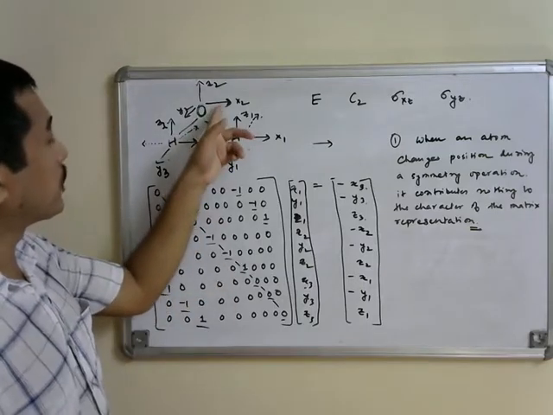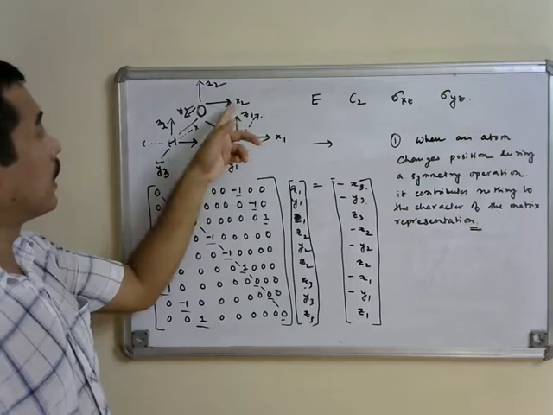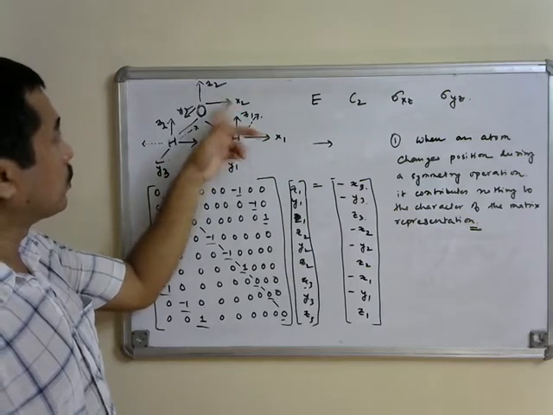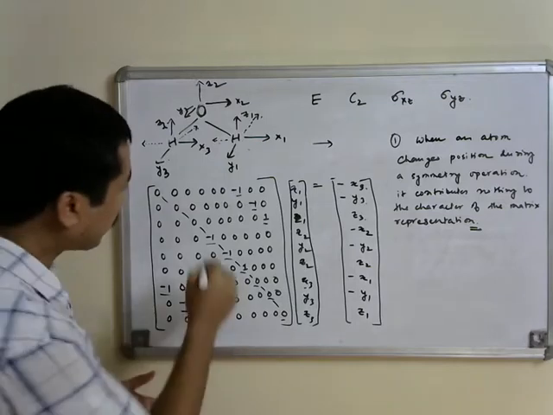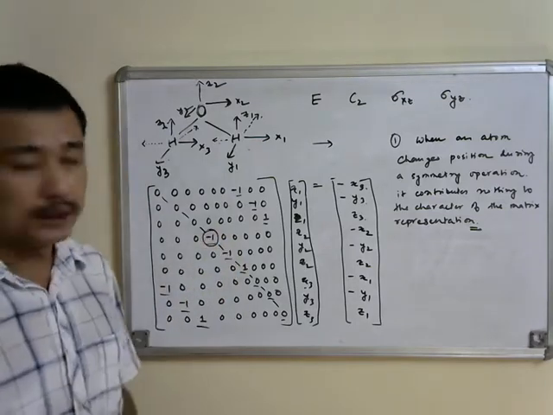Now, when the direction of the displacement factor changes, in this case the direction of the displacement factor changed from plus x2 to minus x2. So the direction has completely reversed, and that is why it contributed minus 1.